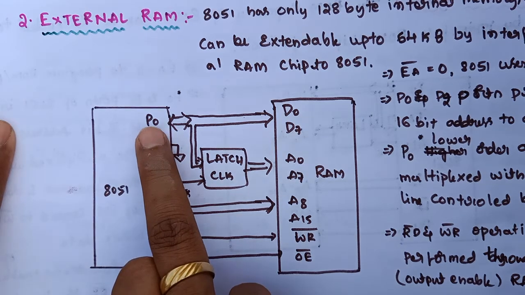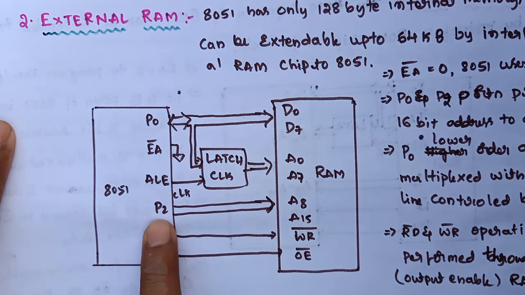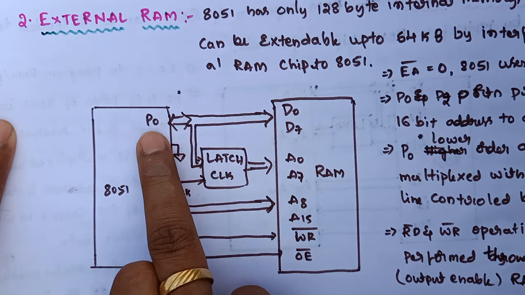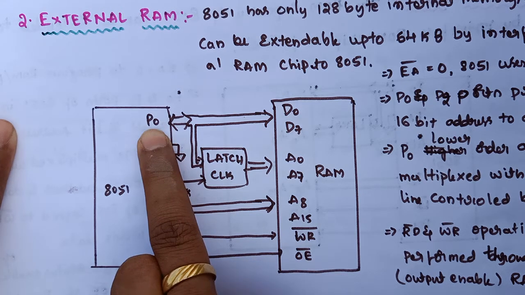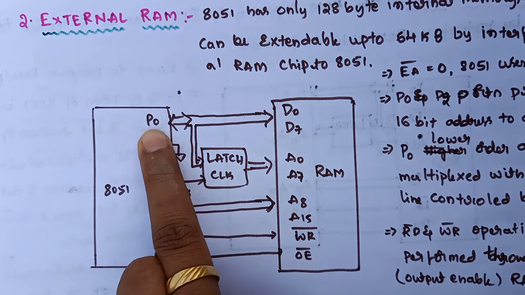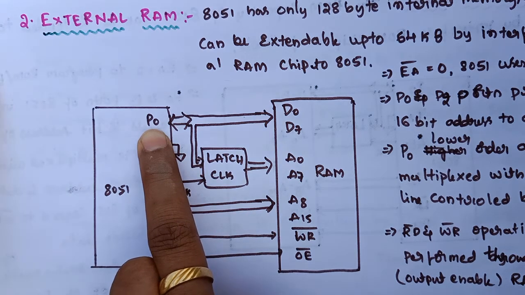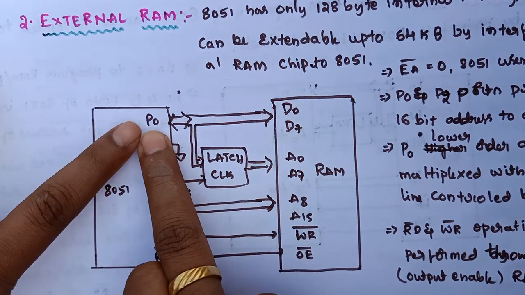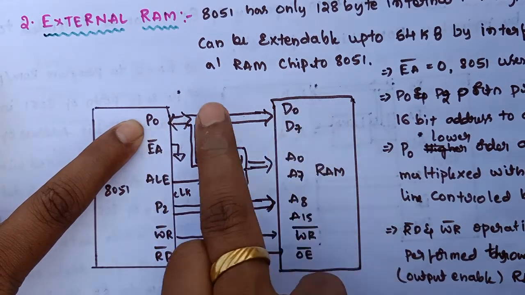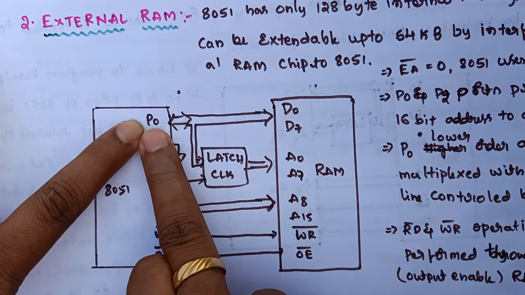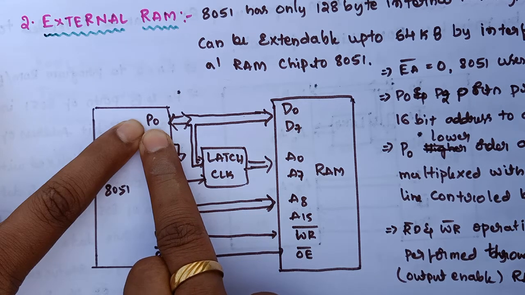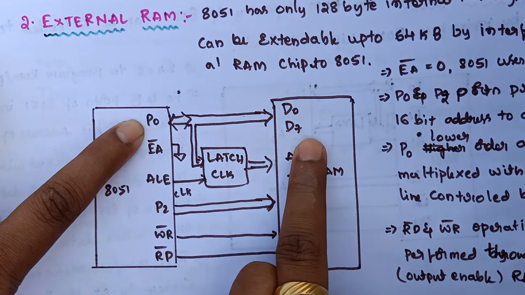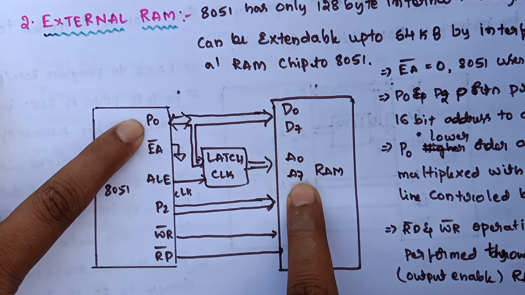We know that ports P0 and P2 are used to access the 16-bit address, and P0 is multiplexed with the lower order address bits A0 to A7 and also the data lines D0 to D7. So port P0 is connected to the RAM chip, and it can access both the data D0 to D7 and the address lines A0 to A7.